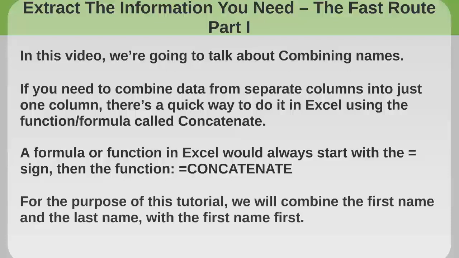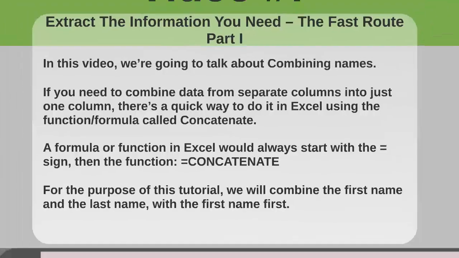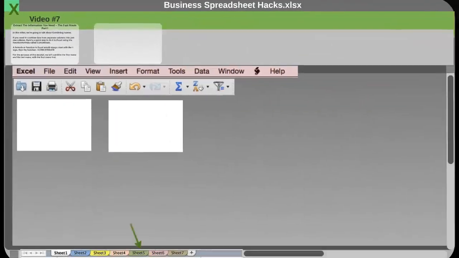And I'll show all of this to you in just a second. But for the purpose of this tutorial, we will combine first name and last name with the first name first. And that is going to be in sheet number 5. So if you want to go ahead and pull that up and pause this video, we will talk about it first. And of course, I will jump right in and show it to you in action.